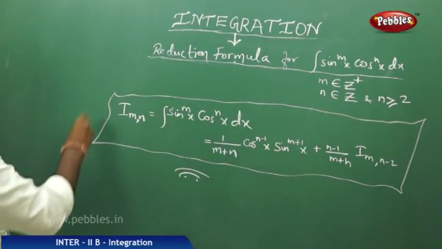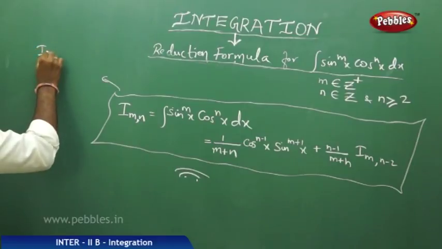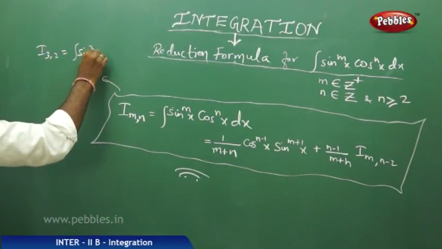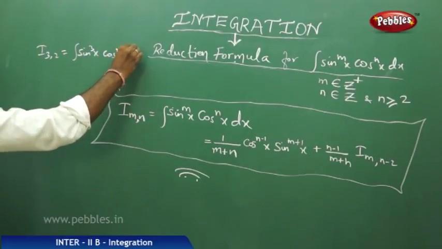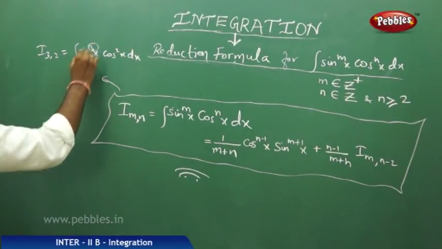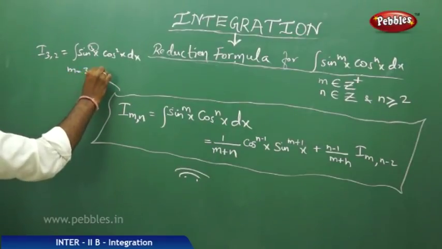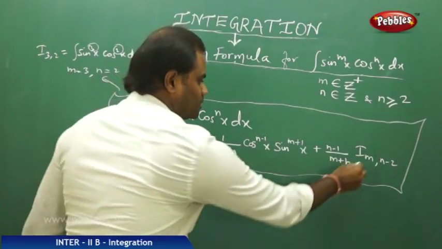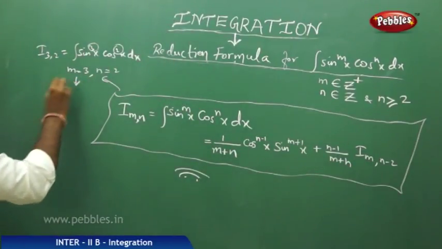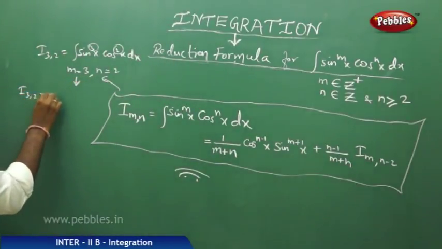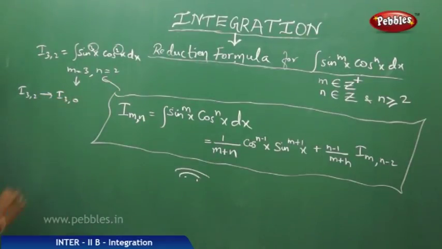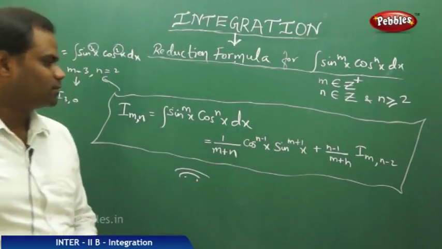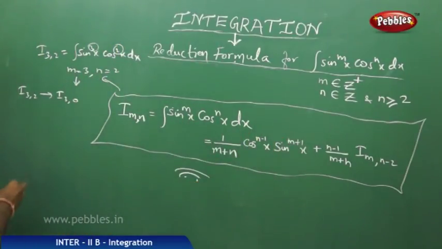Therefore, suppose I wanted to find the integral I32, that is integral sine cube x cos square x dx, then I assume my m is 3 and my n is 2 and then use the reduction formula, which in the next stage reduces I32 to I30 where n is 0, and then finally the whole thing reduces to Im.